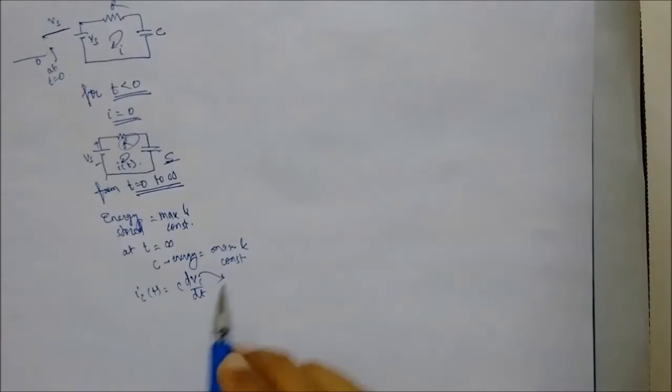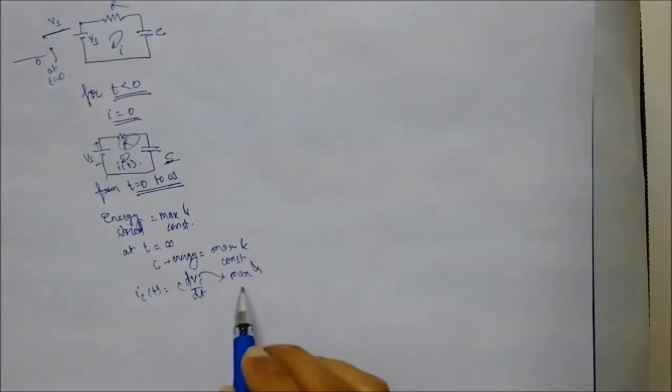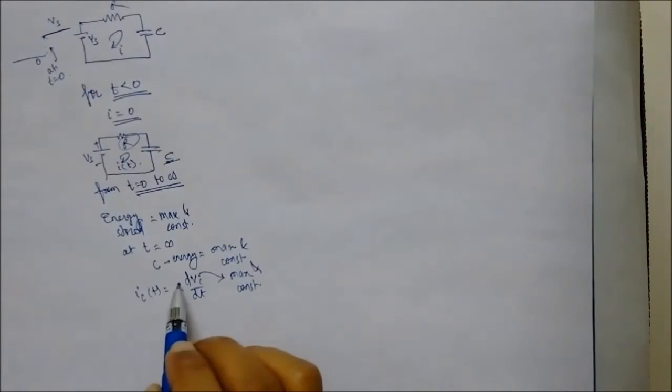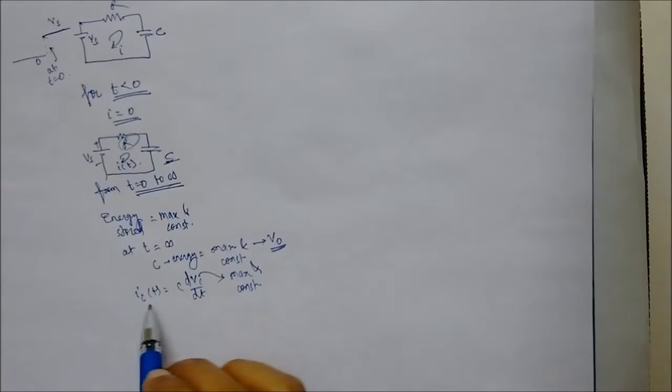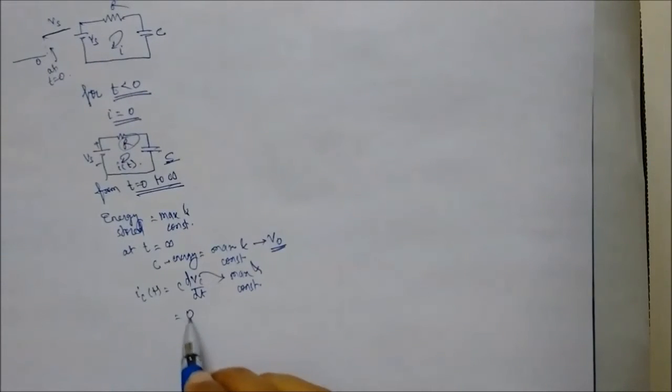Vc is going to be maximum and constant, since energy is stored in the capacitor in the form of V0, that means voltage. So C dVc/dt will give you 0 value. That means the capacitor current at time t is equal to infinity is 0, that means in steady state the capacitor current is 0, so the capacitor acts as an open circuit in steady state condition.